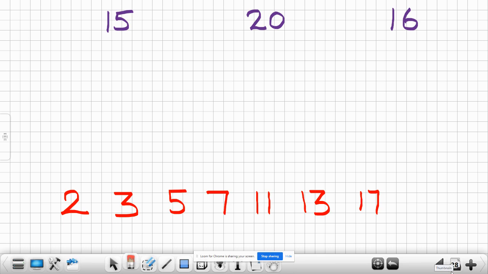So any number can be written as a product of its primes. And I think we ought to write that up again. Product of primes. Any number can be broken up into a product of its primes. You can think of it as the number's DNA. So let's think about 15.